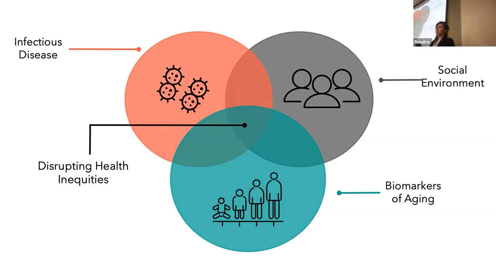But for me, this intersection is really where the gold is, because I think there's opportunity to really think about disrupting health inequities. One of the things that we talk a lot about in my lab is that we actually don't need to document health inequities anymore. We know that socially marginalized populations, disadvantaged populations have worse health because of the way that our society is set up. So we don't need to document that anymore. We need to think about and move towards disrupting that.